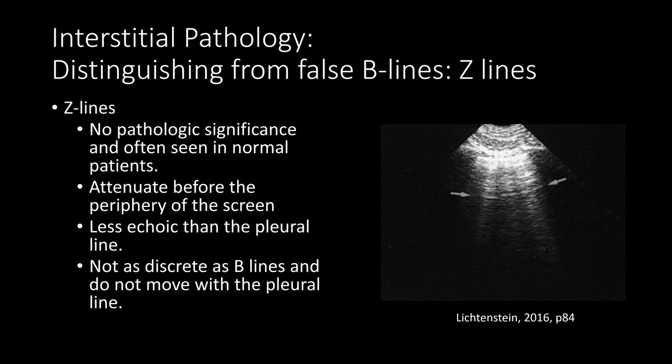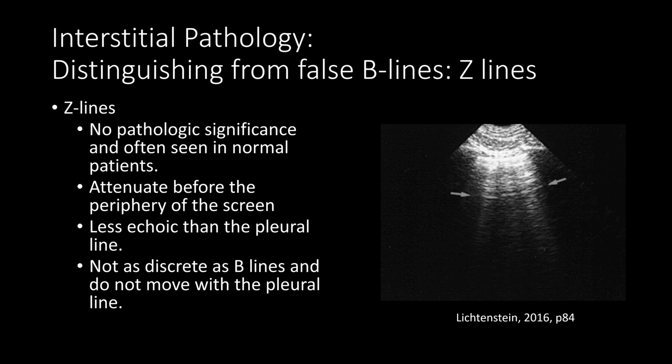Before we move into causes of interstitial syndrome, it's important to distinguish false B lines from true B lines. As discussed in the previous slide, there are 5 key features, and we do want to make sure that we identify those 5 features before we call a vertical artifact a B line.